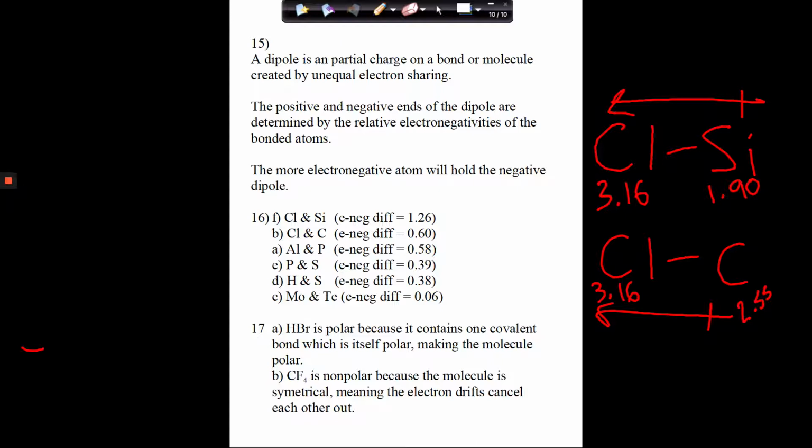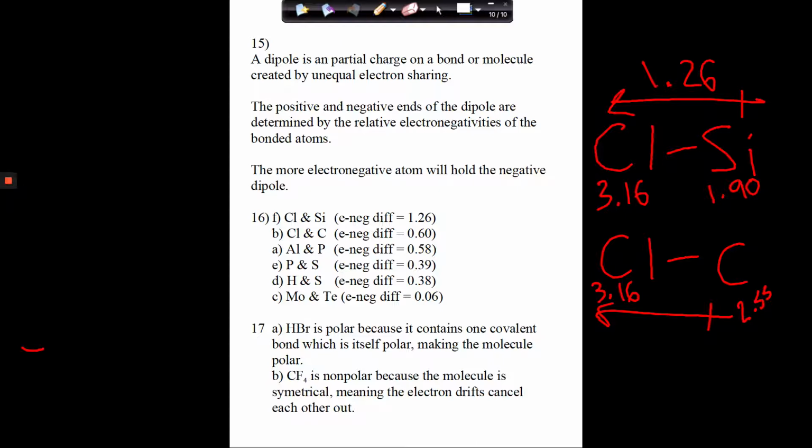We can calculate the polarities of these bonds. We do it by subtracting. So if you take 3.16 and subtract 1.9, is that 1.26? So guys, that bond has a polarity of 1.26.